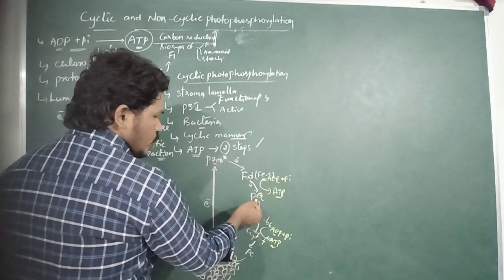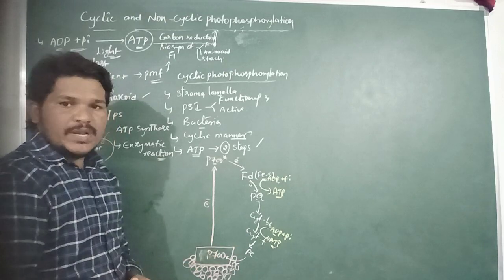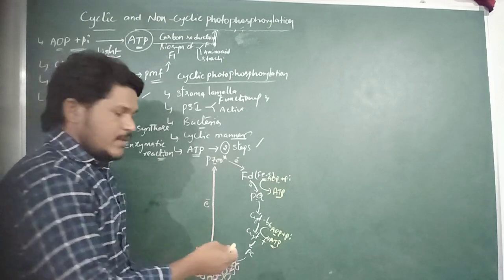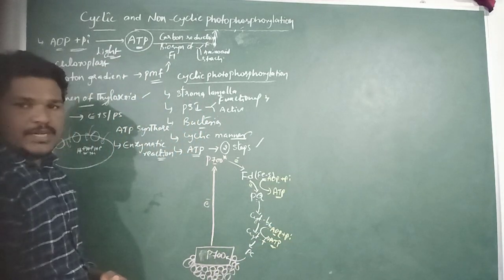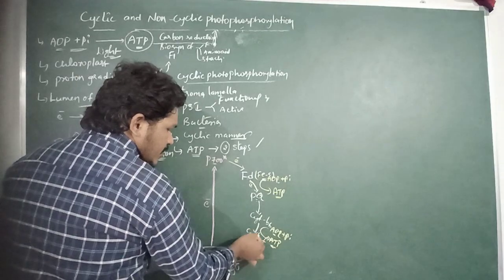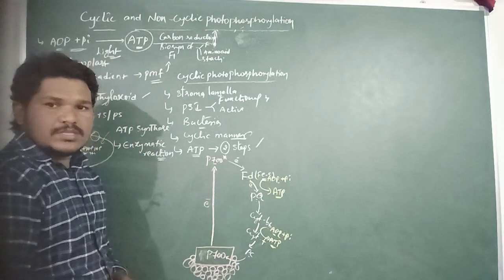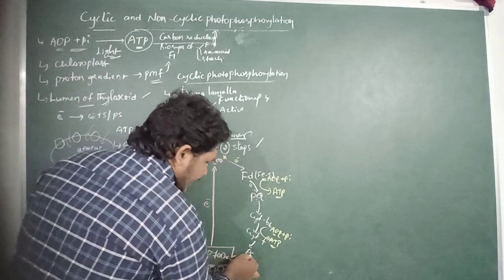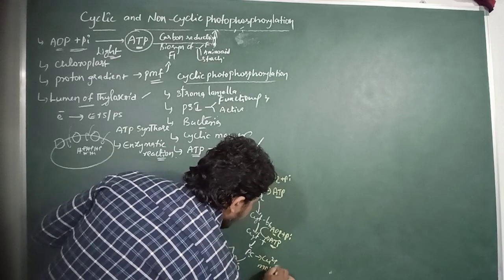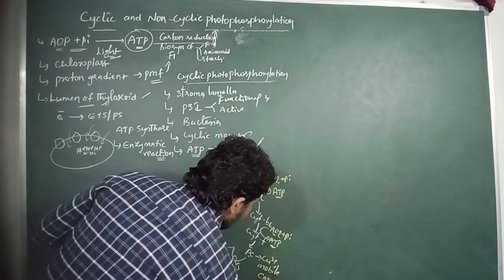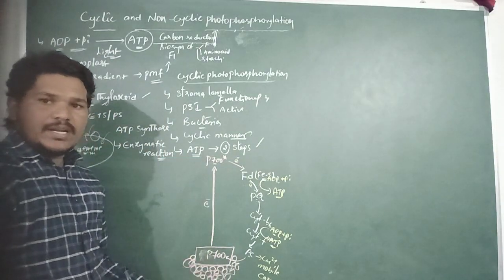Then the plastoquinone transfers the electron to the cytochrome B6 and cytochrome F complex. Here also, one ATP molecule is synthesized from ADP and inorganic phosphate. Then the cytochrome B6F complex transfers the electron to the plastocyanin, a copper containing mobile carrier, which is also involved in the electron transport system.